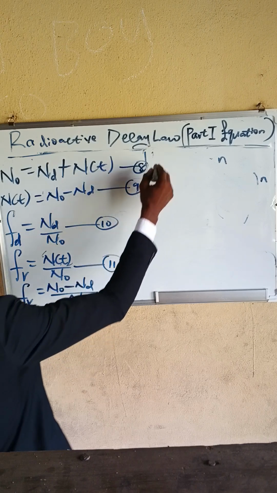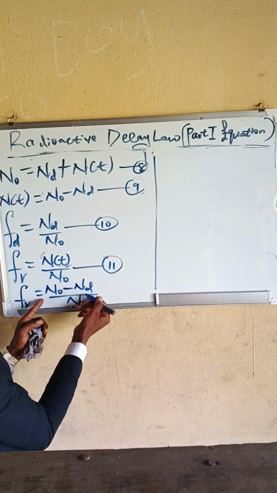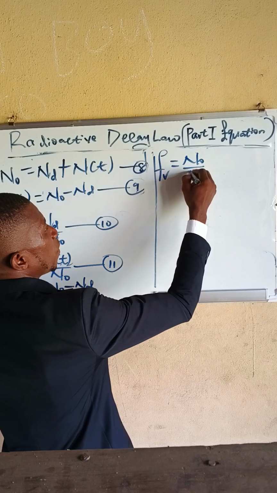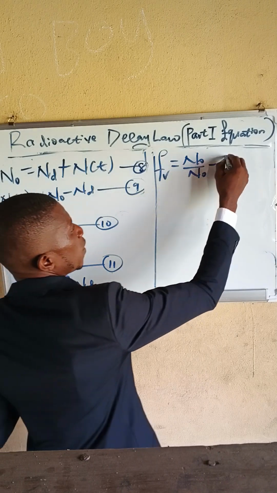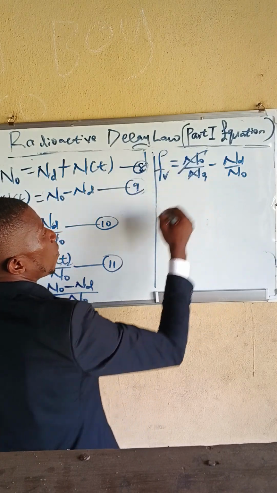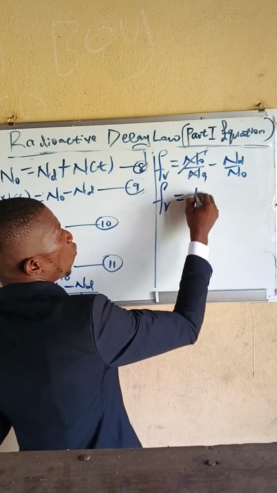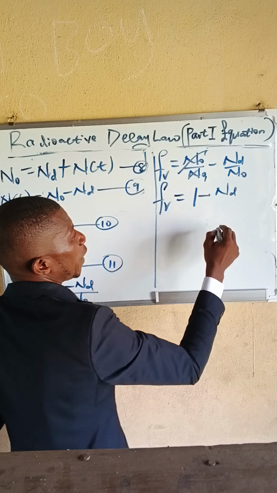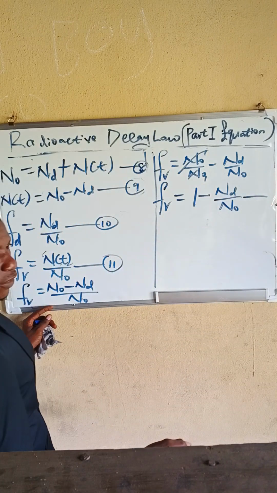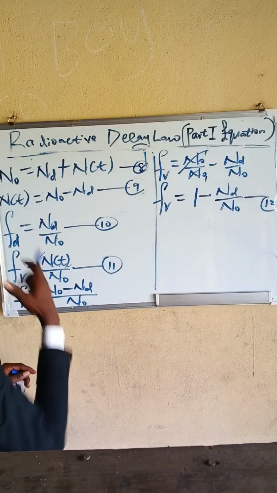This can also be expressed as n naught over n naught minus nd over n naught. This will cancel this one. Then you have fraction remaining is equal to 1 minus the number of nuclei decayed over the original number of nuclei. I call this equation 12.